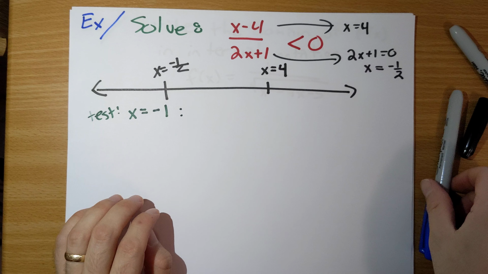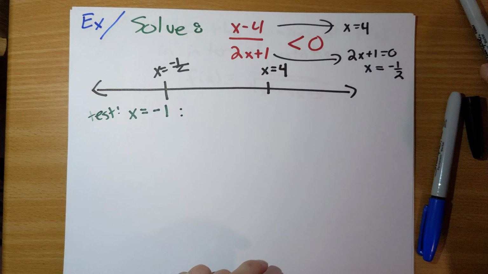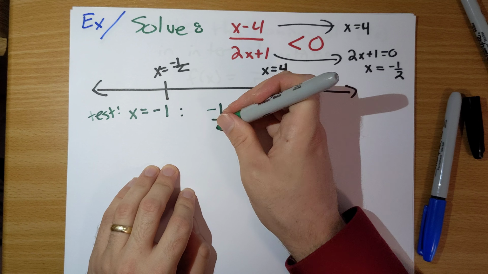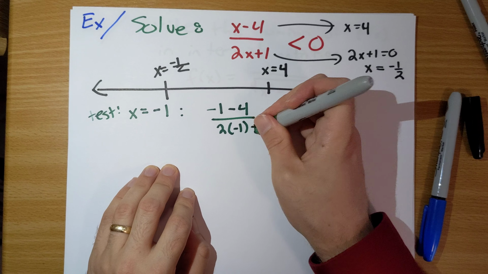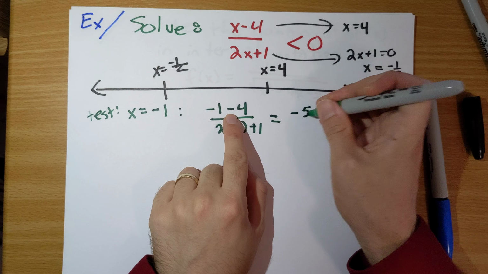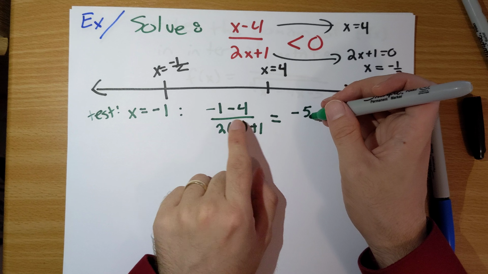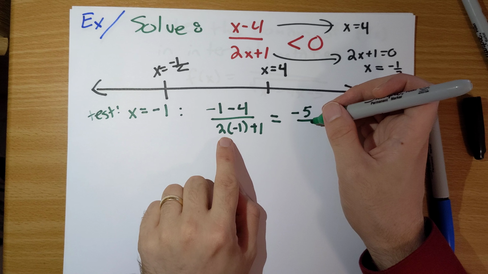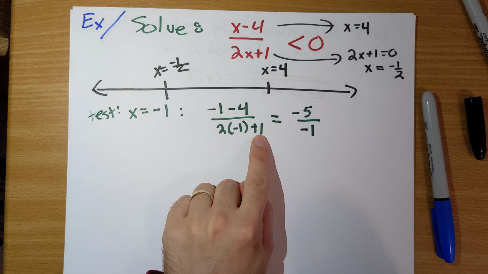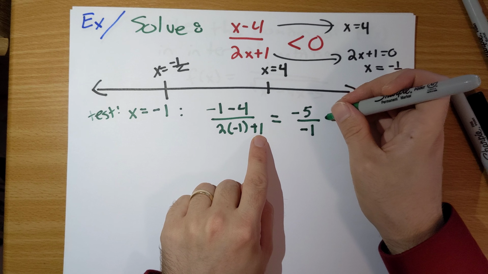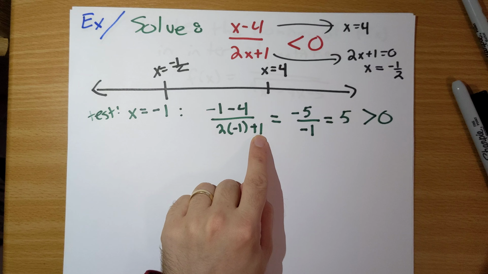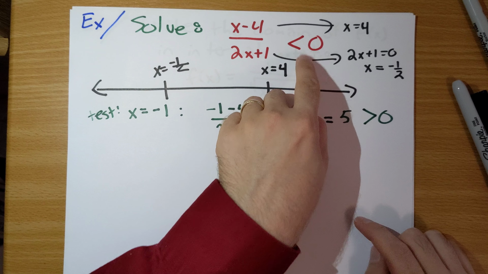If we plug -1 into this expression, we would get (-1 - 4)/(2 times -1 + 1). -1 - 4 is -5, over 2 times -1 is -2, plus 1 is -1. -5 over -1 is positive 5. And so this is strictly bigger than 0. This is not what we want.